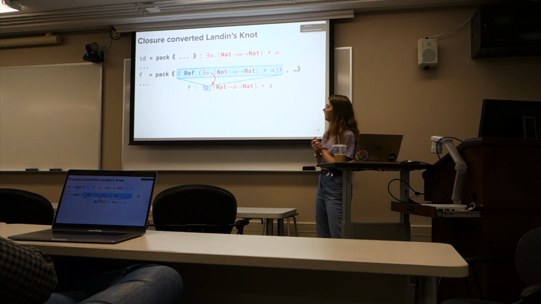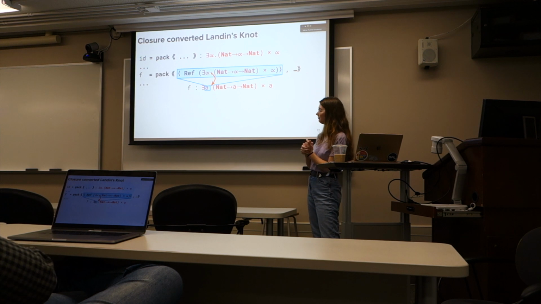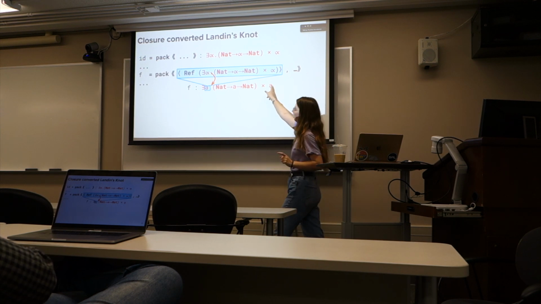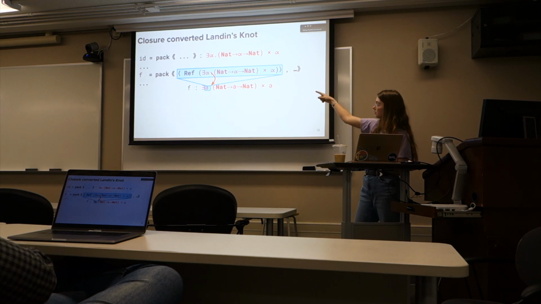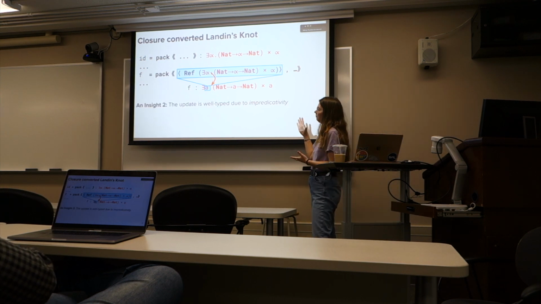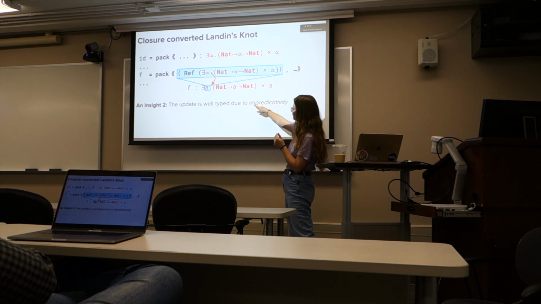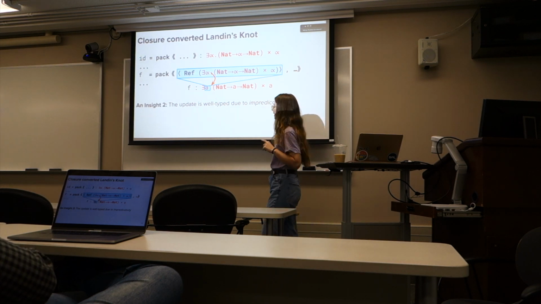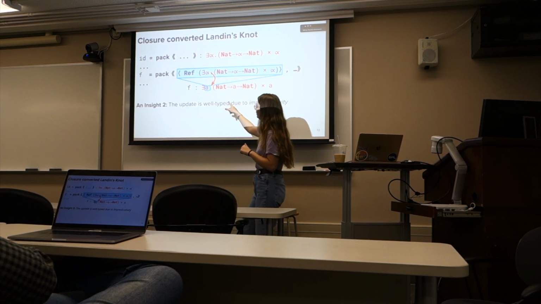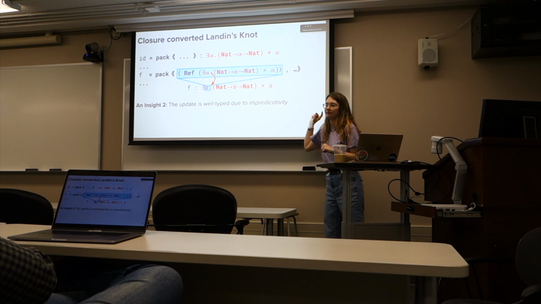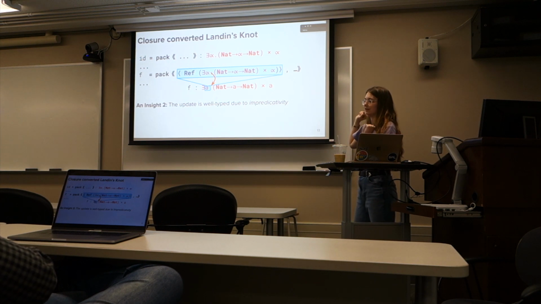And later, when we update R to contain F, we actually find that we also instantiate the inside of that closure inside that reference with itself, in this circular way. So really, this update to the function's environment is well typed due to this impredicativity that we get. The fact that this type variable is quantifying over the type it finds itself in. Any questions on that?